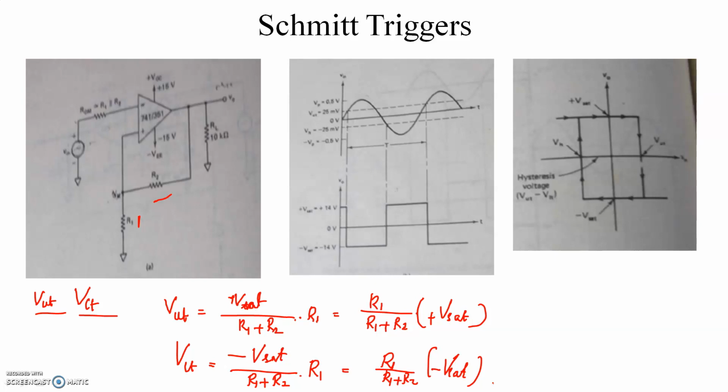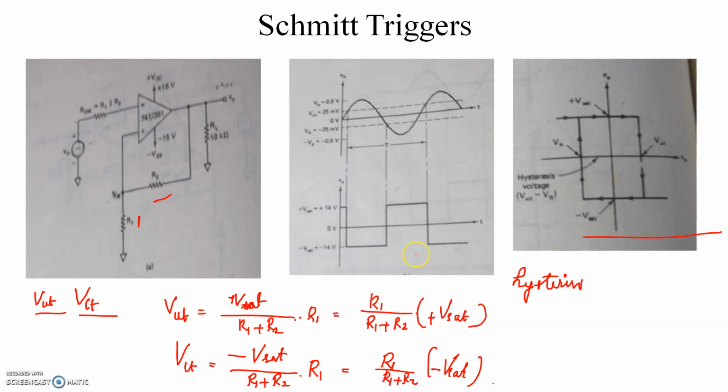The comparator with positive feedback is said to exhibit a hysteresis or deadband condition, shown in the hysteresis loop in the third figure. When the input of the comparator exceeds VUT, its output switches from plus Vsat to minus Vsat, and it reverts back to plus Vsat when the input goes below VLT.